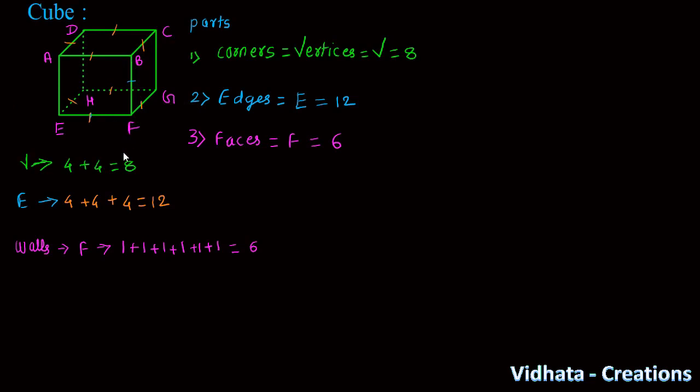These faces are flat, they are not curved. Flat means they are not curved. And the edges, if you see, are straight. So the solid figures that have flat surfaces and straight edges, we call them polyhedra type of figures.